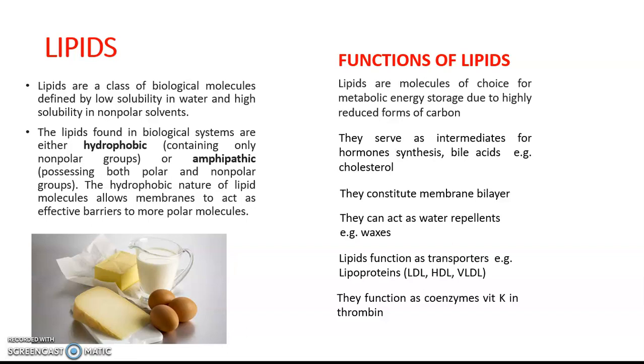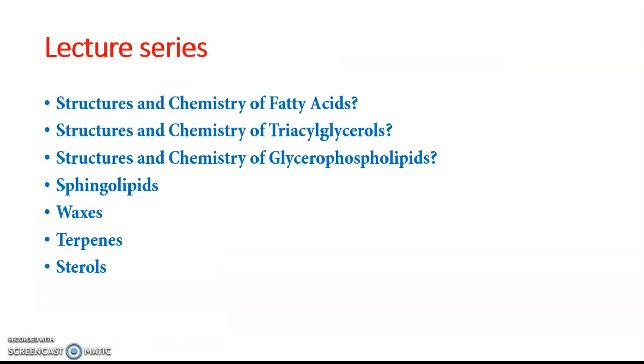They can also function as coenzymes, for example vitamin K in thrombin. Thrombin is the principal protein in blood clotting. Lipids also function as neurotransmitters, usually when we talk about gangliosides and the rest. We'll get to that point.